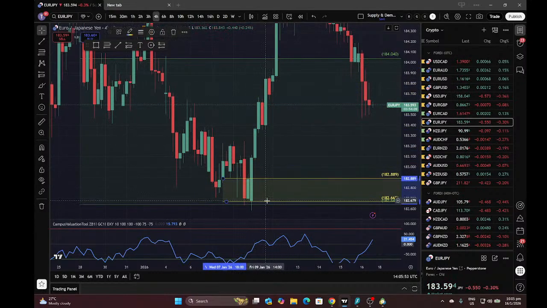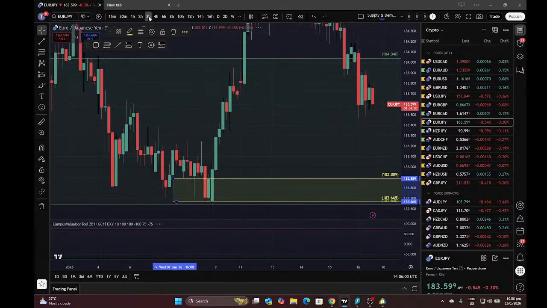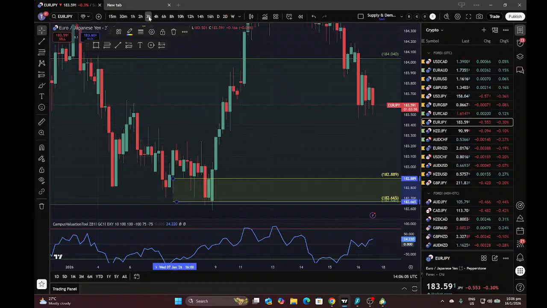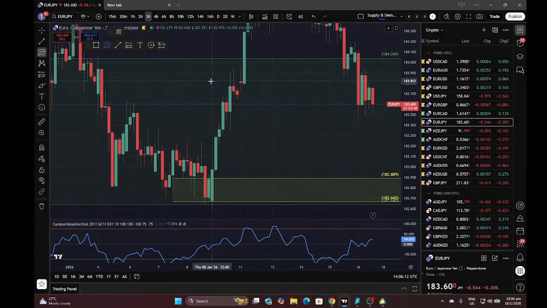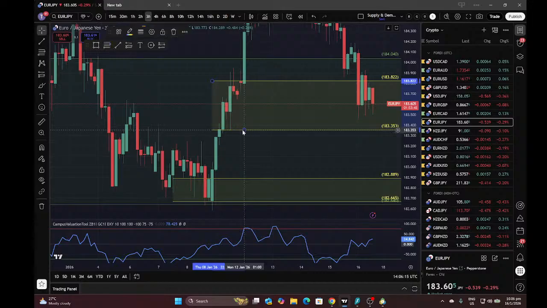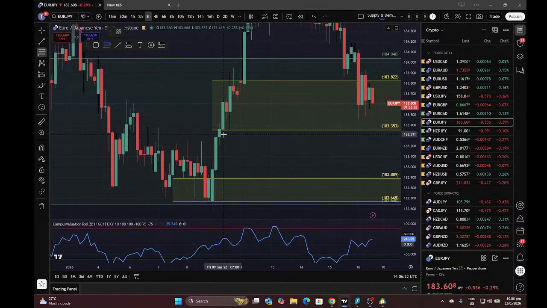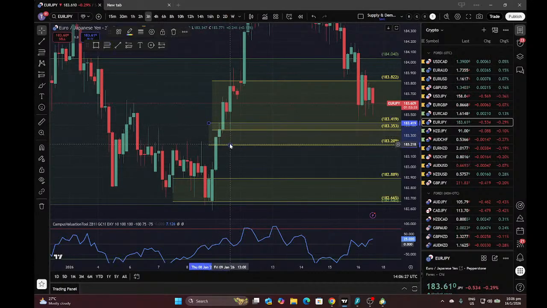We couldn't find any zone here, so what we can do is go down another hour. We are still trying to force our way to find a zone, but hey, at the 3-hour we seem to have a zone here. And then there is a rally base rally here.